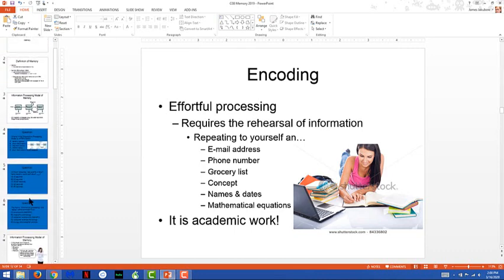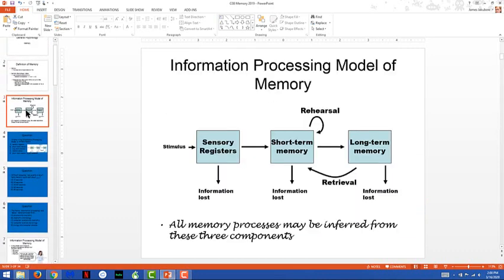You always have to come back to the rehearsal section of short-term memory and engage the entire process of rehearsing information to maintain it in short-term memory, which will then place it as long-term memory. And long-term memory may be relatively weak if it's not a very well-established memory and not connected to other memories.